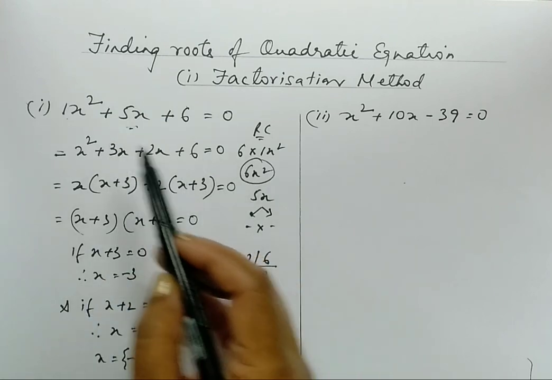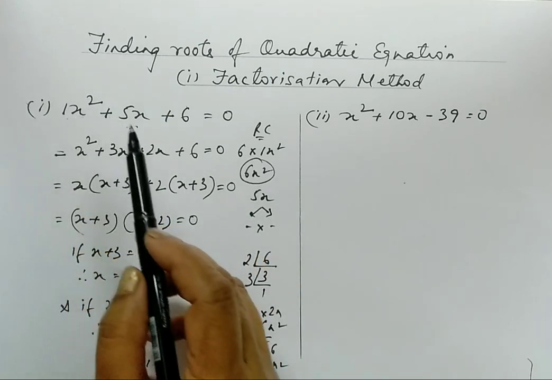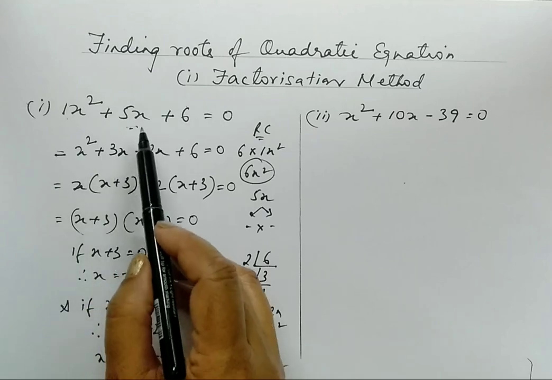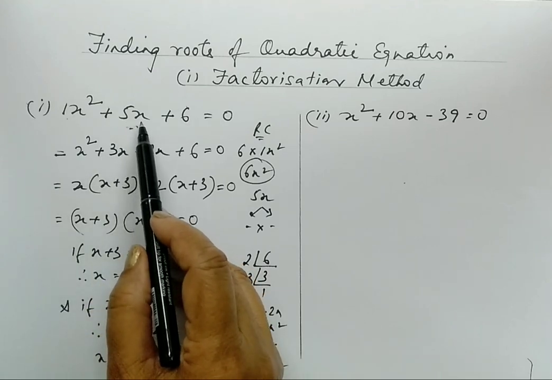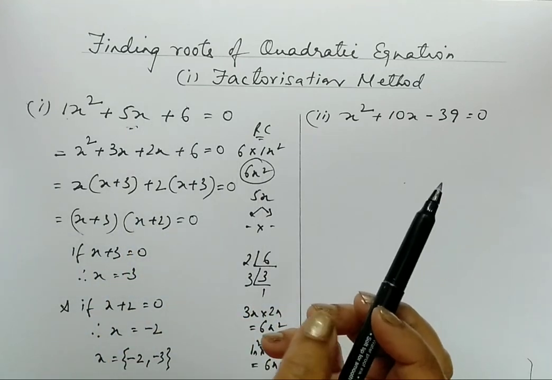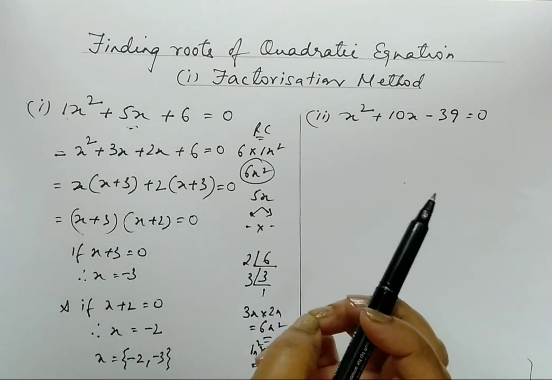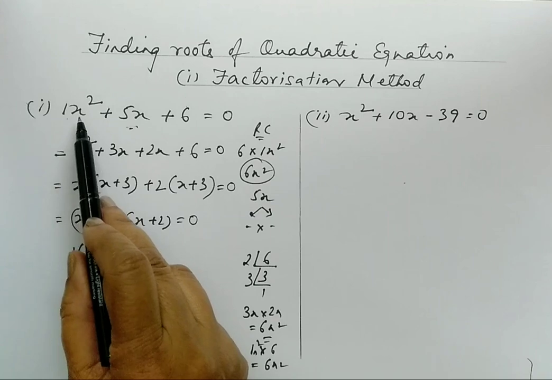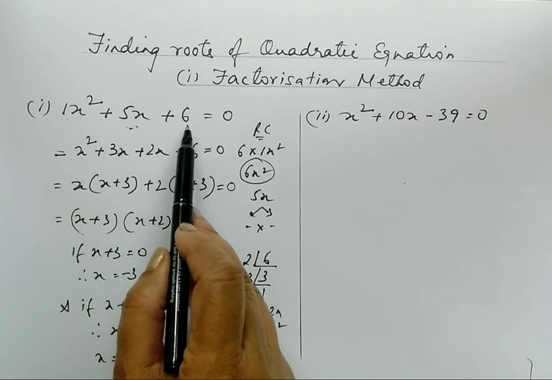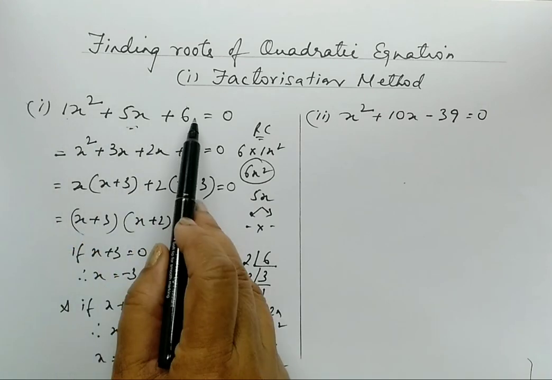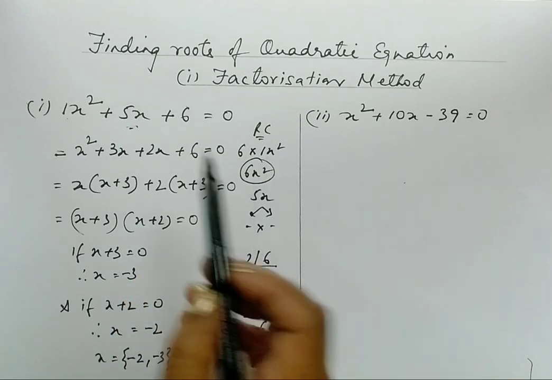Let's do it mentally. Minus 2 into minus 2 is 4, and 5 into minus 2 is minus 10, isn't it? So here we had a positive 4 and a positive 6 over here. They sum up to 10.